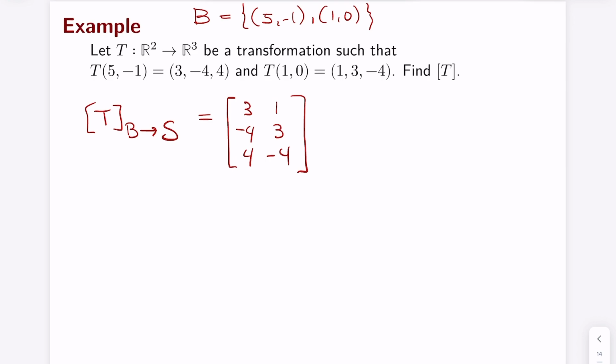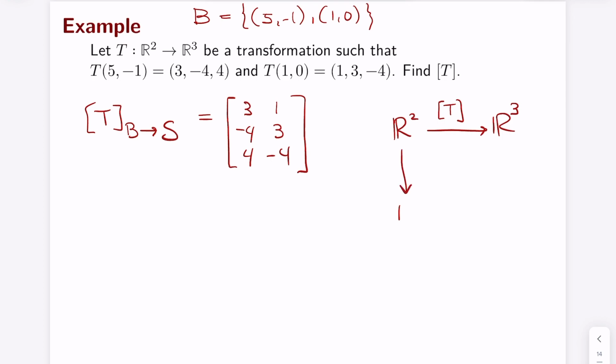And how do we use this matrix to calculate just the standard one? Well, let's look at our diagram. In our diagram, we have here R2 and R3, and we can have here the matrix in the standard, the one that we want to calculate.